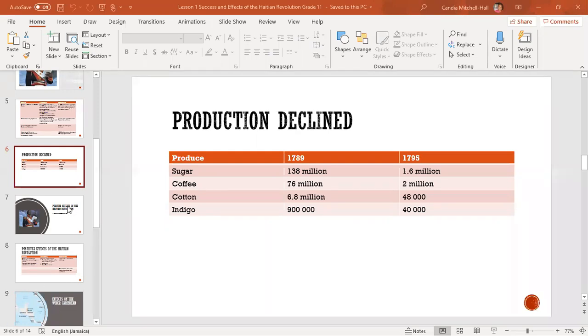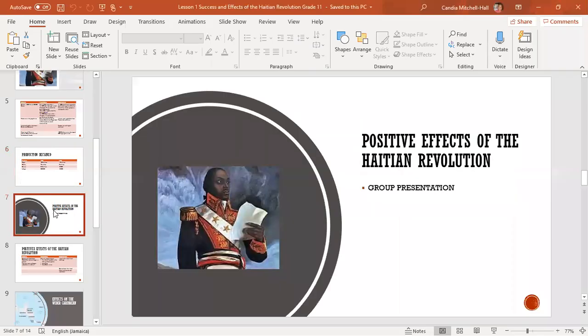Now, someone from the group, positive effects of the Haitian Revolution.